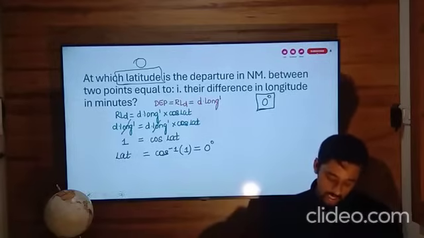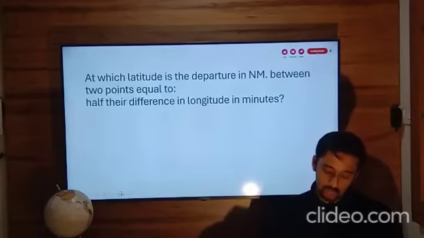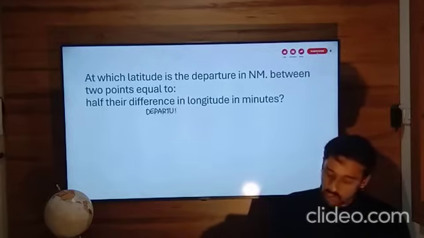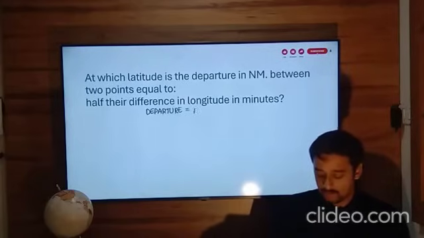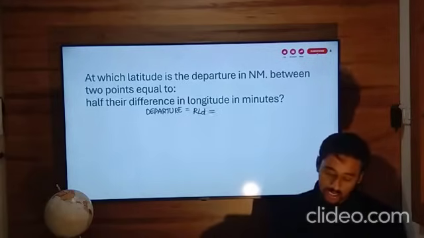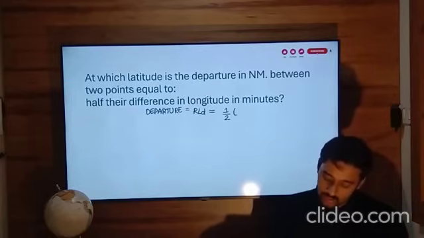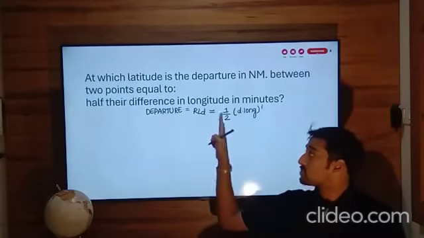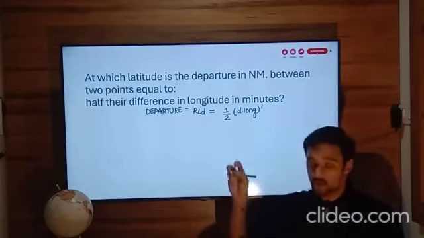Okay, let's go to question number 7, part 2. At which latitude is the departure, which is nothing but your rhumb line distance, equal to half the difference between two longitudes in minutes? So you have to find a latitude at which rhumb line distance will be equal to d long divided by 2.